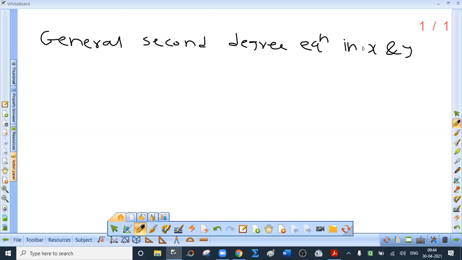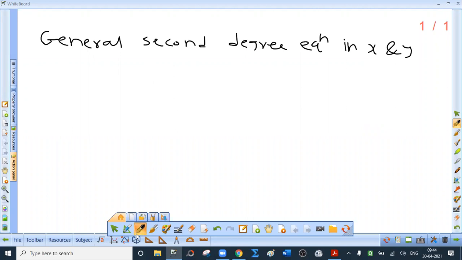See, in the first part, we discussed lines through origin. Now, in the second part, we will be considering any two lines. So before I explain that, let me explain the general second degree equation in x and y.